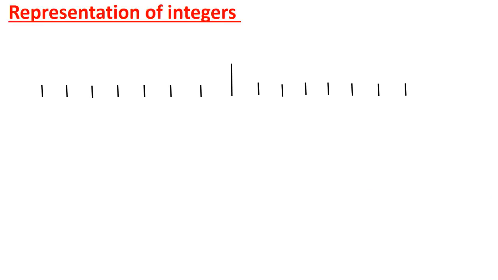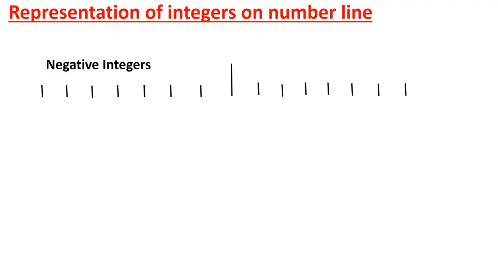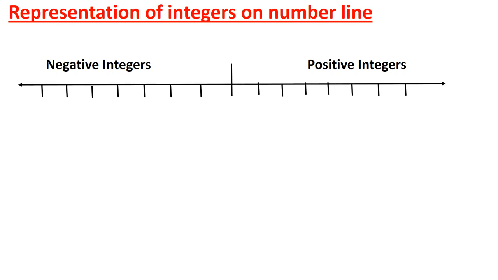Now see representation of integers on number line. How do we represent integers on a number line? We have two types of integers, negative integers and positive integers. This is a number line. In a number line, we have to show negative integers also and positive integers also.